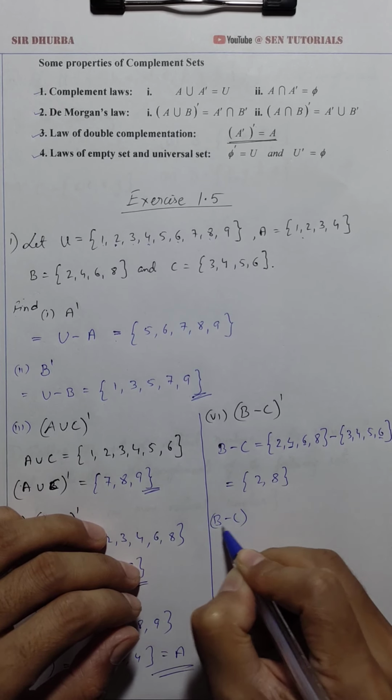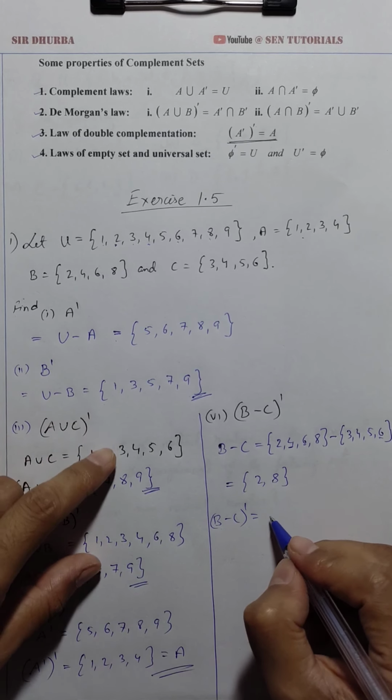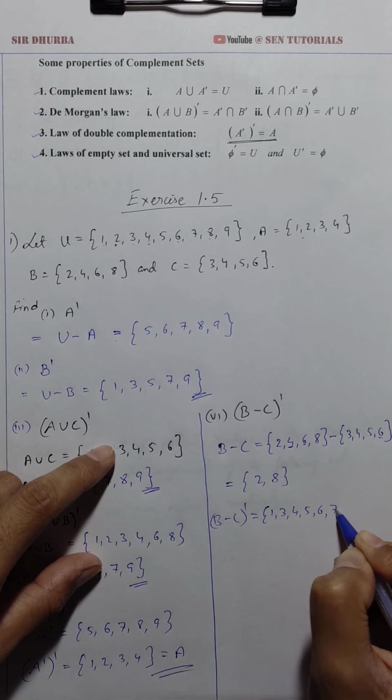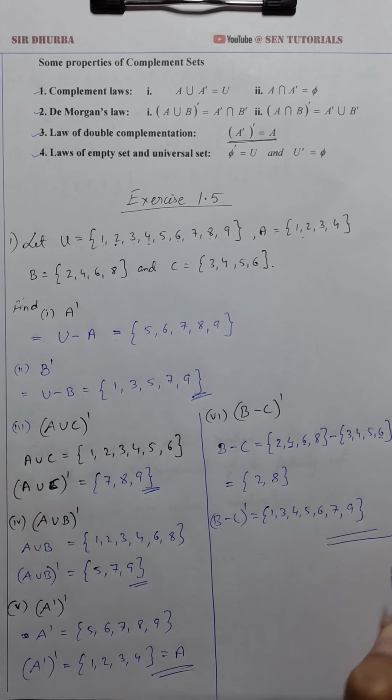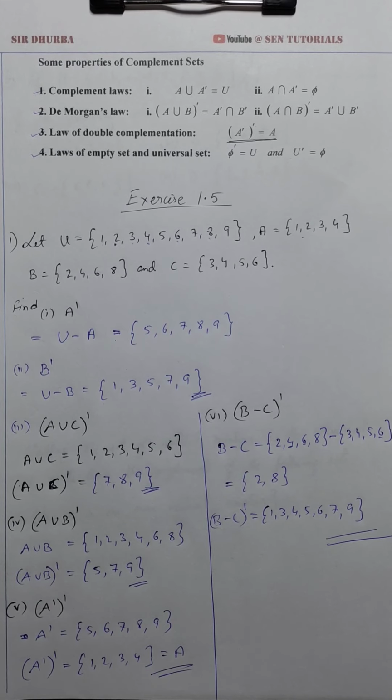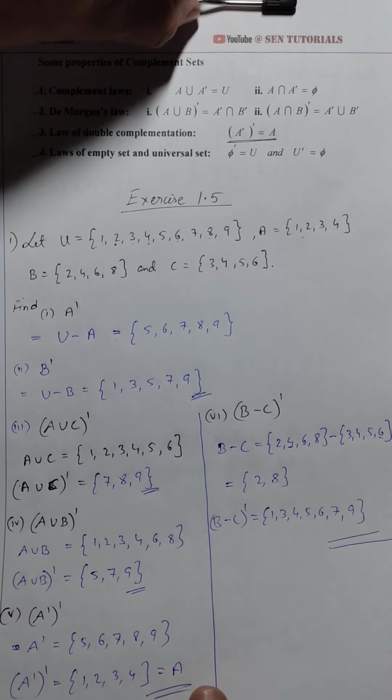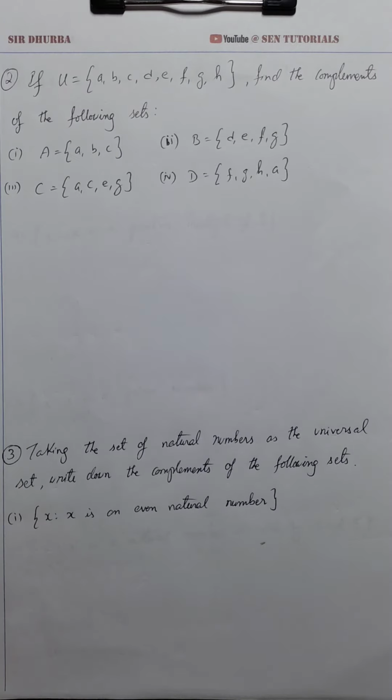So the complement of B minus C will be, leaving aside 2, 8, all the other elements: 1, 3, 4, 5, 6, 7, 9. Simple, isn't it? Let's move to the next question.